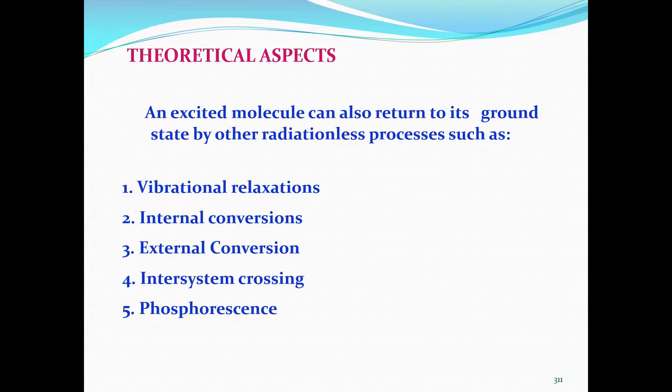So, it is not just one phenomenon that is involved in fluorescence, but several other phenomena that are involved in the loss of energy of the excited molecules. So, we will take a look at each of these phenomena in a little more detail.